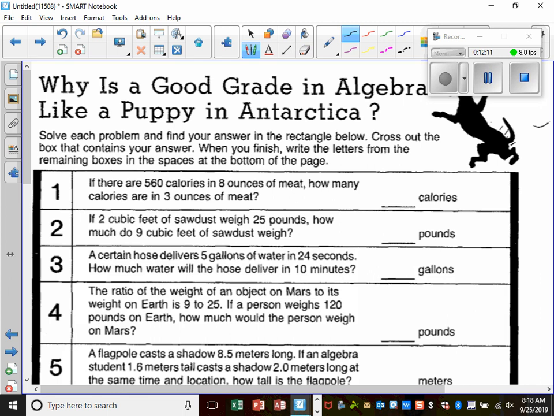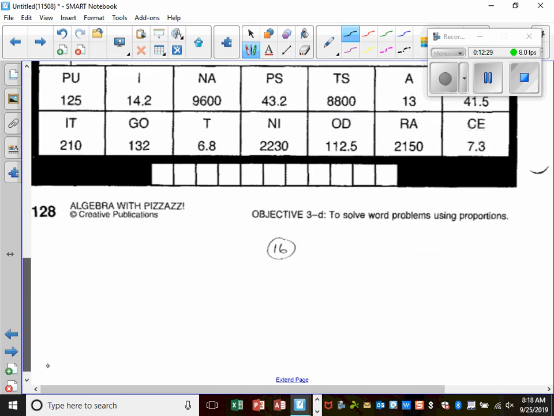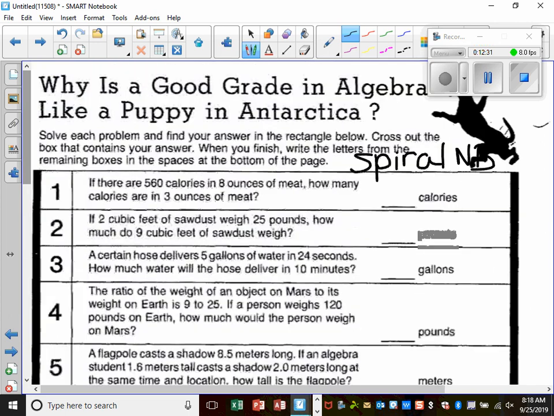Again, guys, this has to be done in your spirals. You might want to put spiral notebook here. You can write in your spirals or transfer it later. It says, solve these by setting up a proportion. The answers are at the bottom, so you should come up with what you see there.